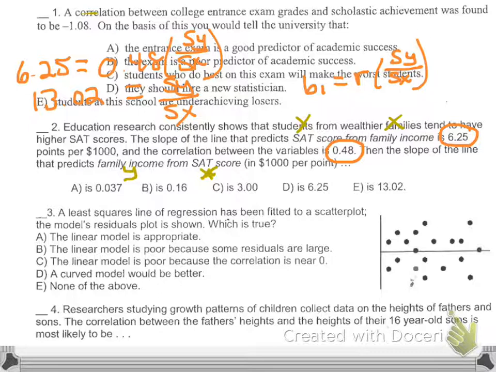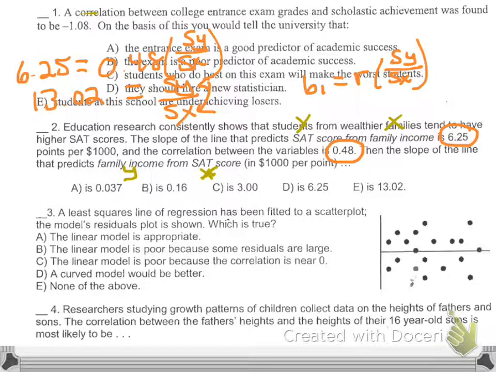Now they swap the axis. So now X becomes Y and Y becomes X. It becomes the reciprocal. If they swap places, we take the reciprocal.